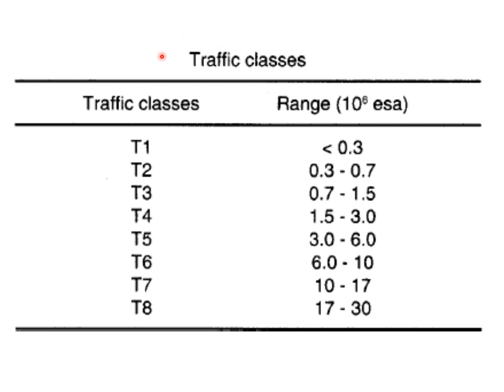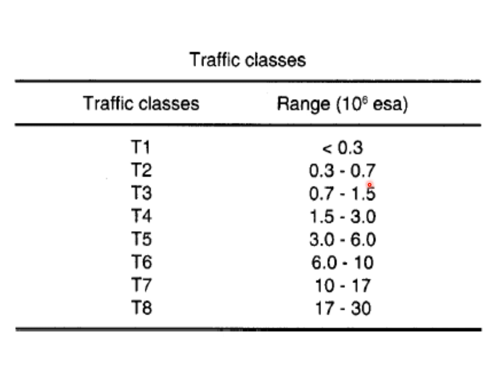This slide is also very important because on this slide you can see that in Road Note 31 there are 8 different classes of traffic being considered. And look at the equivalent standard axles in 10 raised to power 6. Here 0.3 into 10 raised to power 6, this one is 0.3 into 10 raised to power 6, this is 0.7 into 10 raised to power 6.